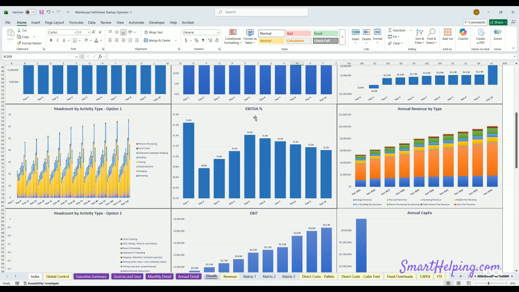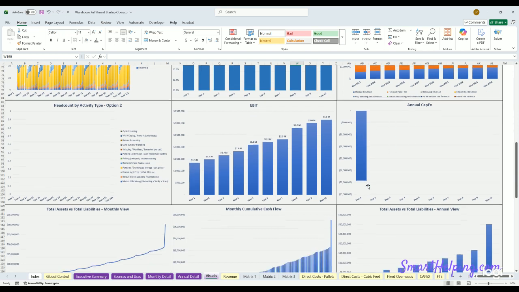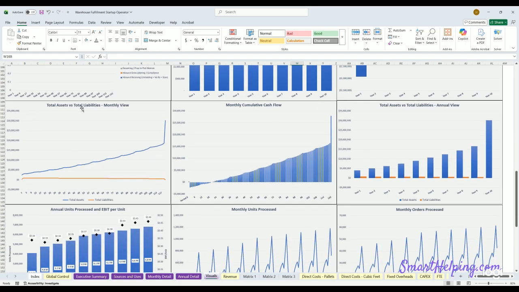EBITDA percentage, annual revenue by type, so all your different revenue sources, main one being the pick and pack fees. EBIT, annual capex, total assets versus total liabilities, monthly cumulative cash flow. You can kind of see the seasonality there. Total assets versus total liabilities monthly.